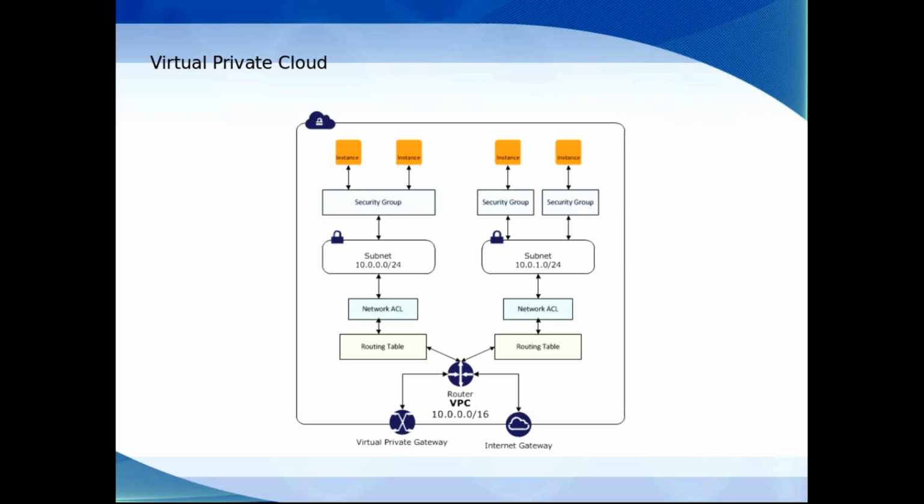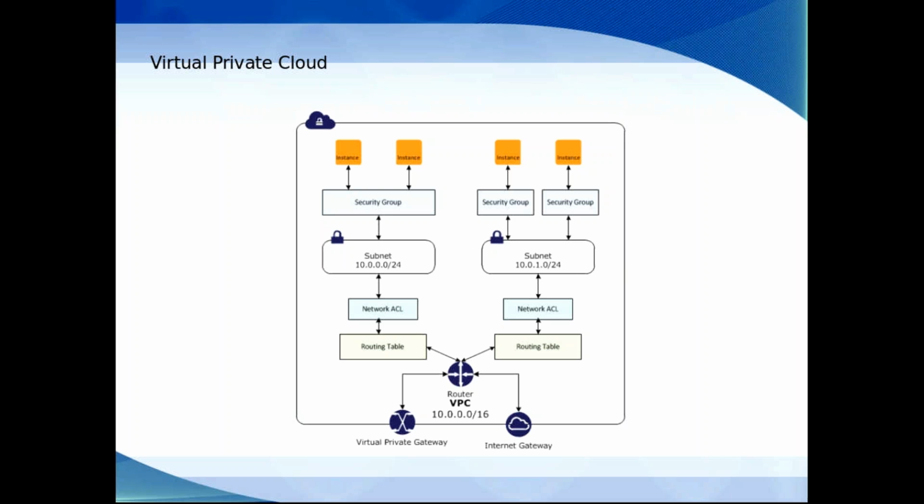Remember it this way: if you are hitting something on the internet, first of all it will enter into your VPC through the internet gateway, and then it hits the router. Router decides where to send this traffic. Then it checks the routing table and network ACLs, and then subnet and security group, and then it reaches the instance.